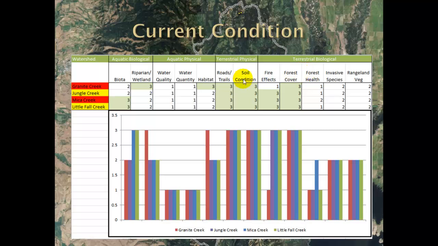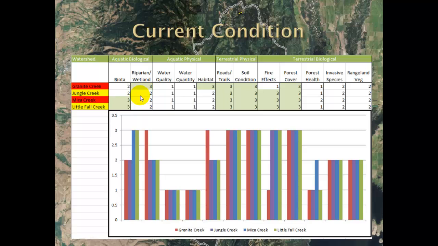Each of these indicators is rated in one of three categories, either poor, fair, or good. The poor is 3. So as we look at the graph, a 3 is sort of the opposite of what you would think. It's not better, it's the least desirable condition. Fair is a number 2.